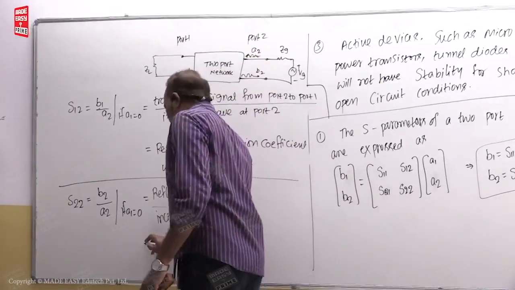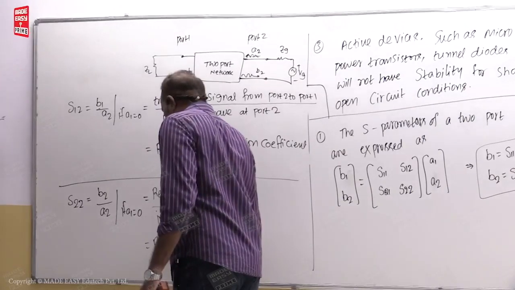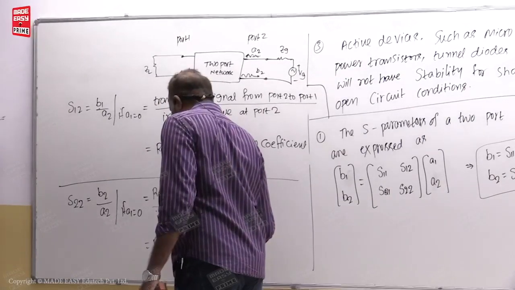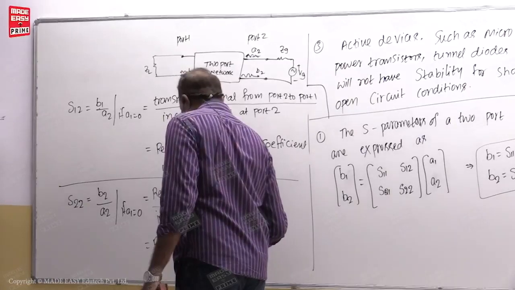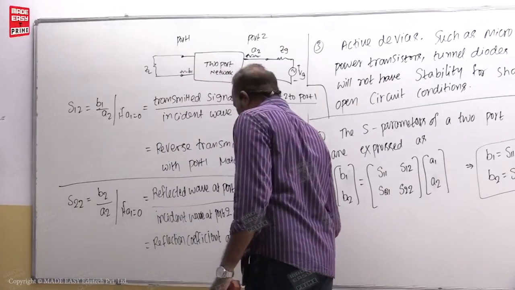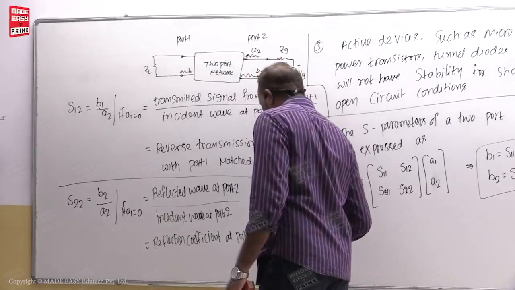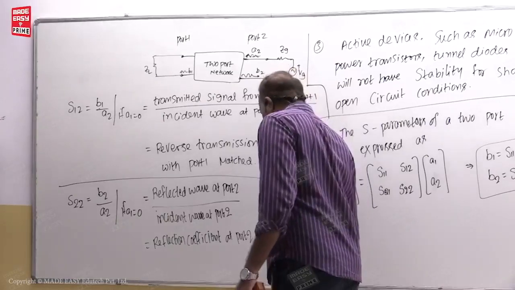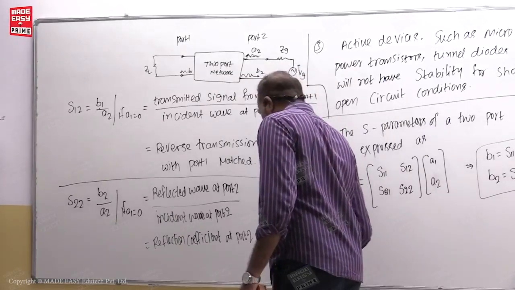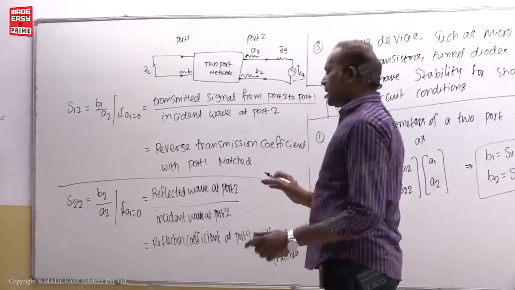Okay, that is nothing but reflection coefficient at port 2 with port 1 matched. That means port 1 matched means A1 is equal to 0.